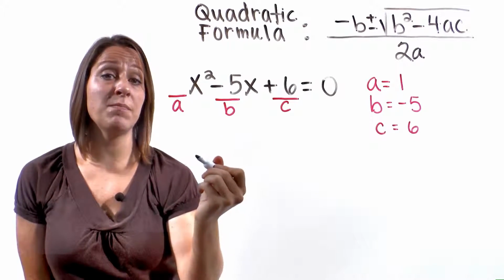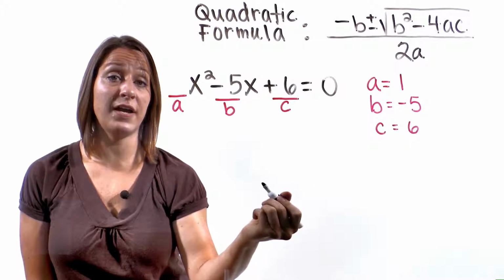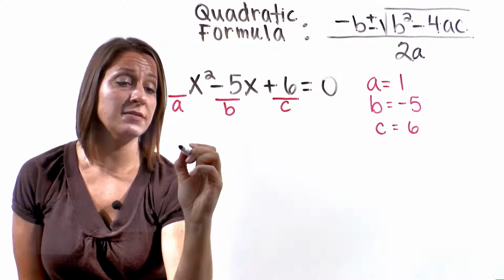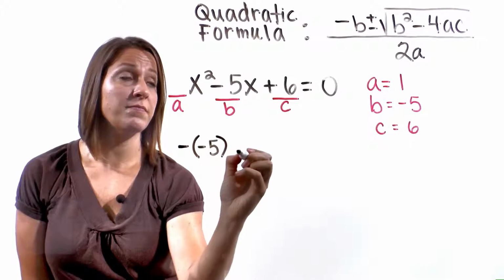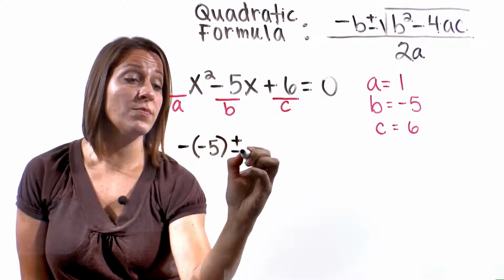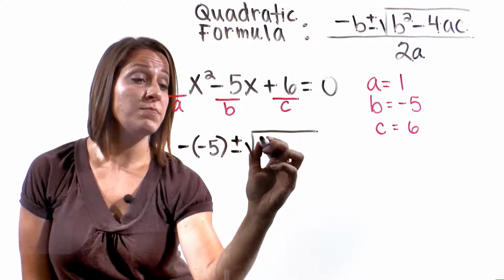First, notice it's a minus b. Our b is already a -5, so a minus -5, plus or minus the square root of b squared.